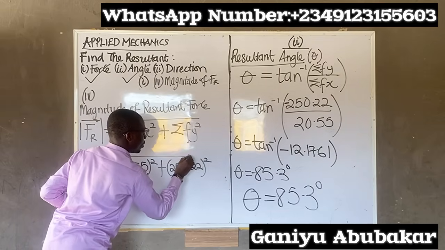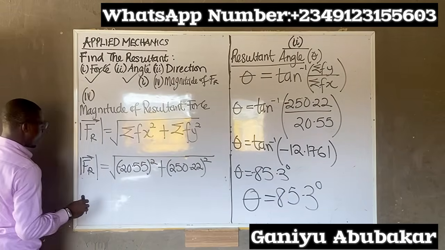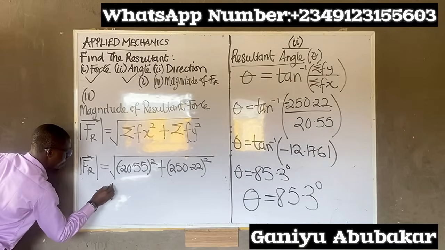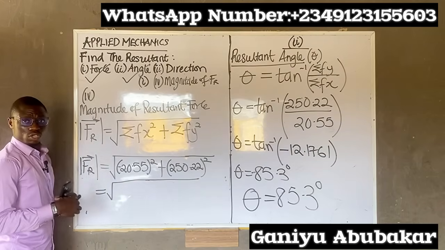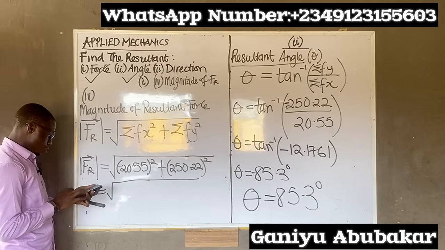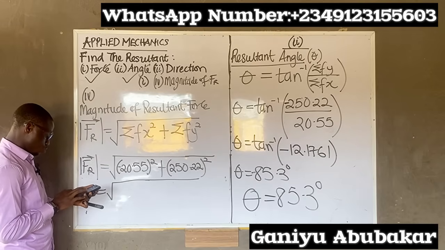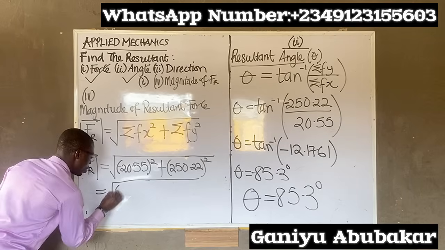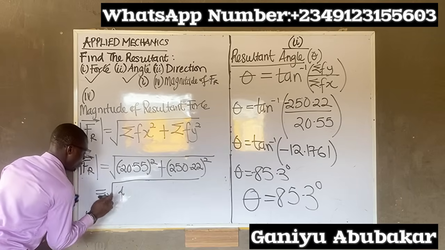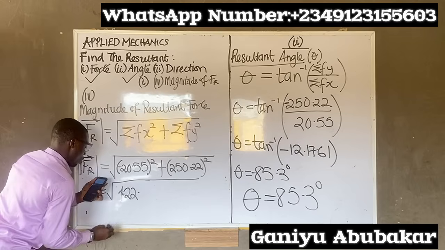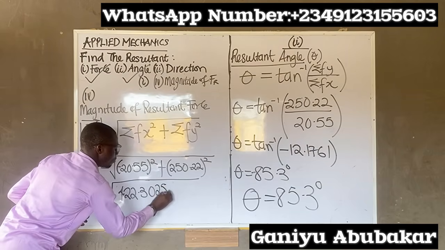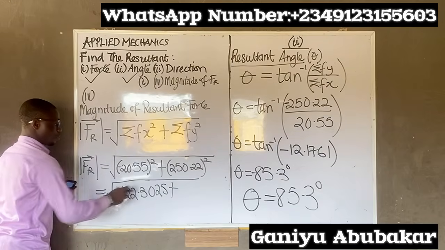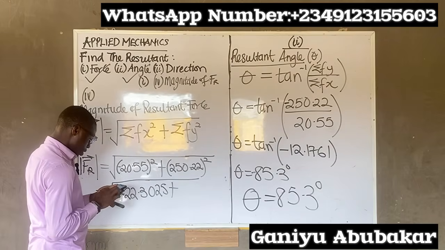250.22 all square. If I punch what I have here, the square root of 20.55 square gives you perhaps 422.3025, plus 250.22 all squared.